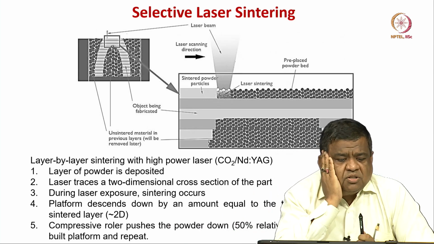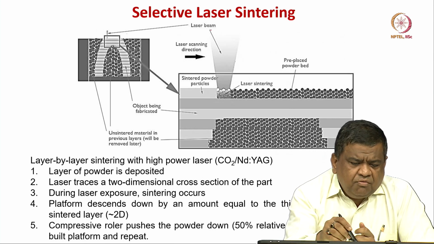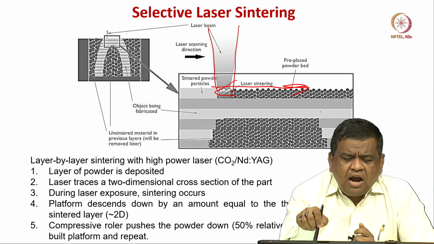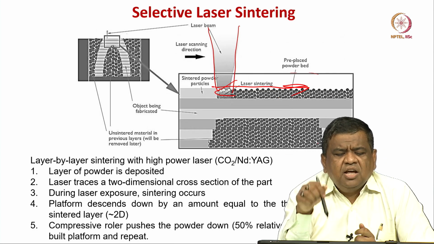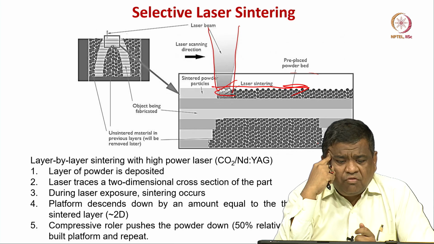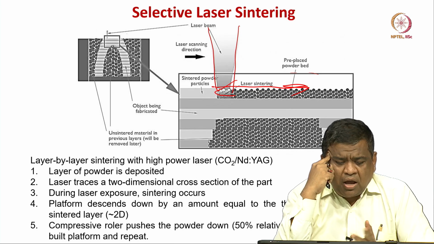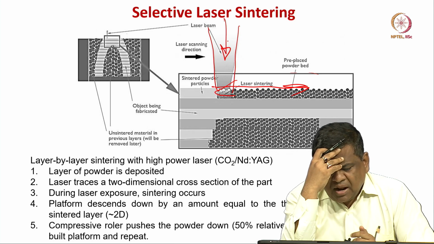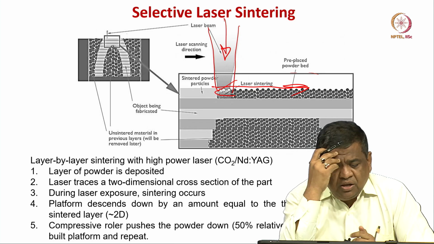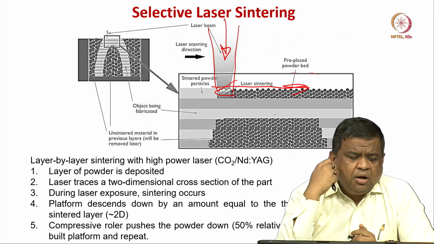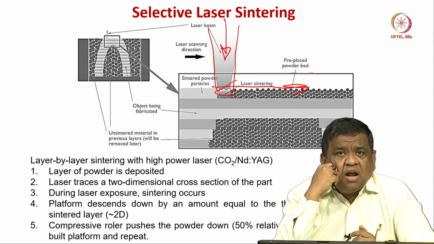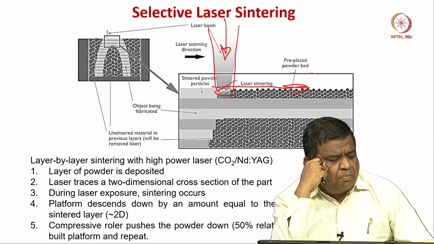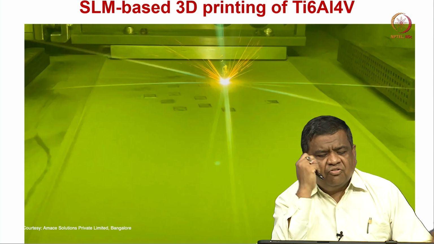In these processes you focus the laser beam, and this laser beam is scanning like this, and the powder particles in the powder bed are being constantly melted and solidified according to the beam parameters, beam diameters, and so on. This way you can fabricate layer by layer, and then you can make the engineered part at the end of the selective laser sintering.